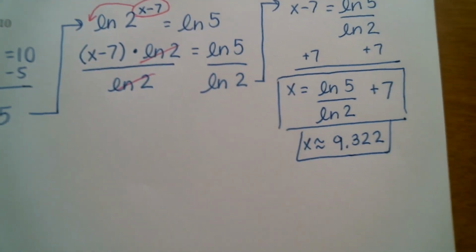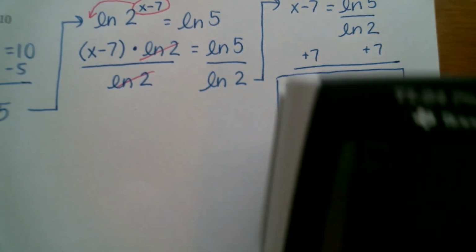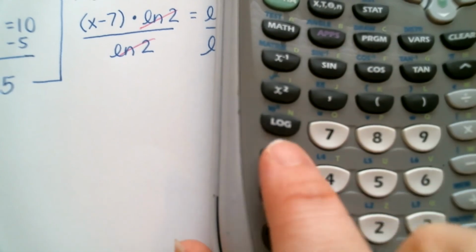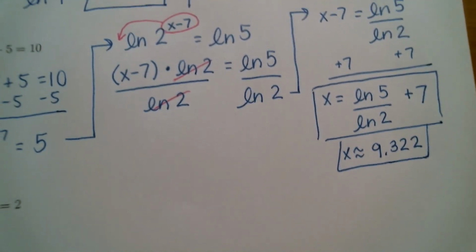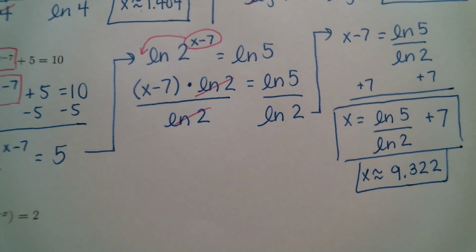The problem is when you come down to get the decimal approximation, log base 2 of x is not readily available on your calculator. The popular things on your calculator are LOG and LN. So that's why when we're solving these problems, we're sticking to LOG or natural log. You could use those other bases.